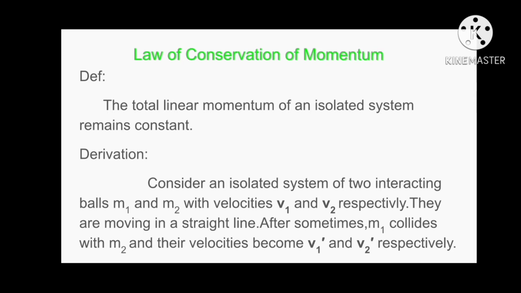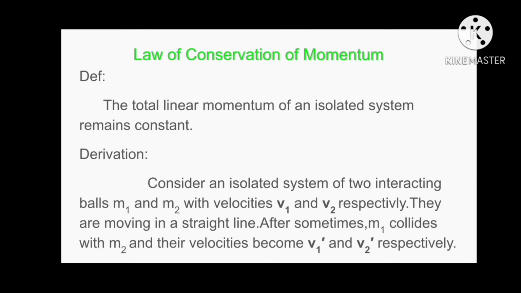Now let's do its derivation. Consider an isolated system of two interacting balls M1 and M2 with velocities V1 and V2 respectively. Here you can see that I have bolded the V1 and V2. It shows that these are vector quantities, not scalar quantities, because bolded letters are always used to show vectors.